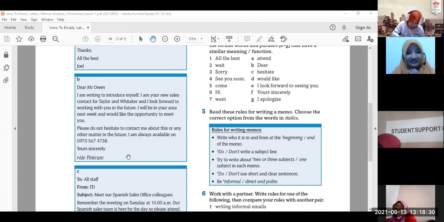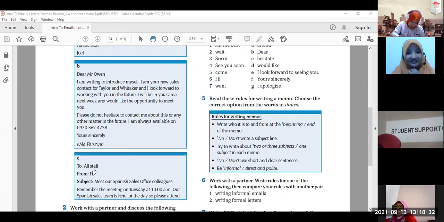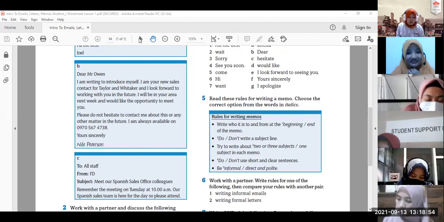And then the C, what do you think? Is it from colleague to colleague or boss to colleague? To all staff from FD, meet our Spanish sales office colleagues. Is it from boss to all the staff, or supplier to a client, or colleague to colleague? What do you think for the C part?